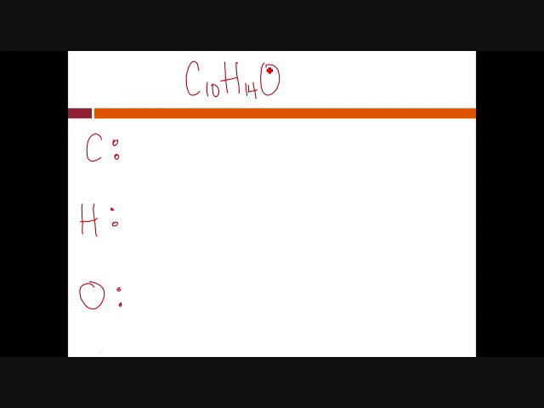So we will take 10 times the molar mass of carbon, which on your new periodic table is 12.01. If you would like to get more accurate, you can. And then hydrogen, we will take 14 times 1.01 to find the total mass of hydrogen involved there.